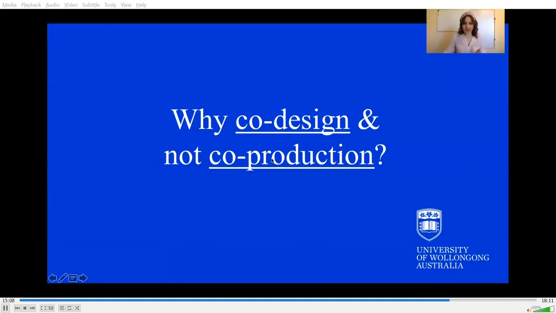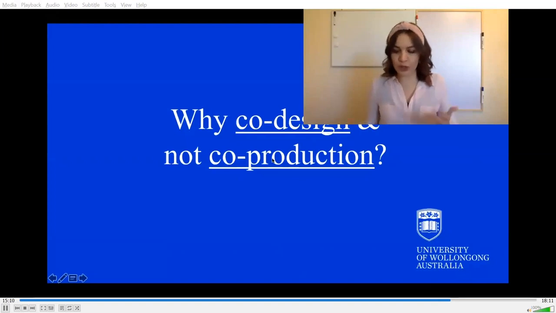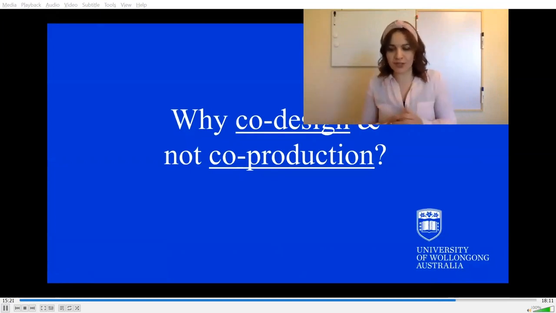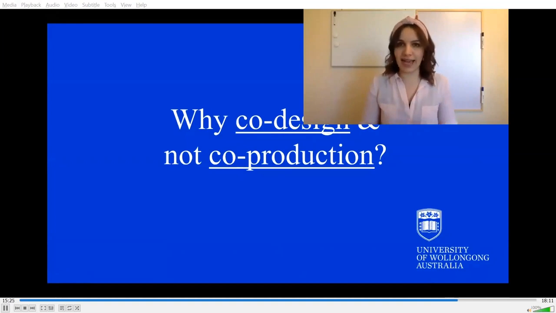In terms of answering this question, I think it's helpful to look at the broader context, or at least the development of all of these specific streams of literature. If we think about the initial conceptions around participatory approaches, and we refer back to the 1970s and 80s, there were really two streams or two schools of thought: participatory design and user-centered design.